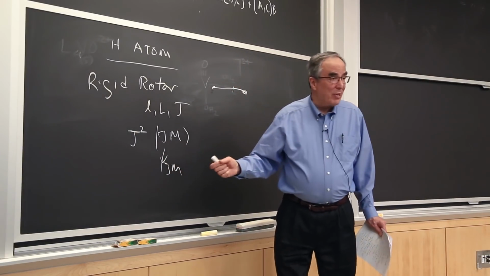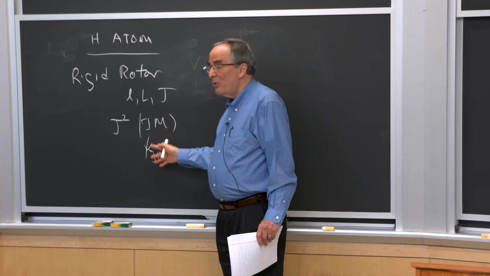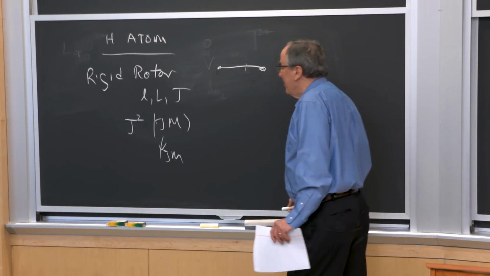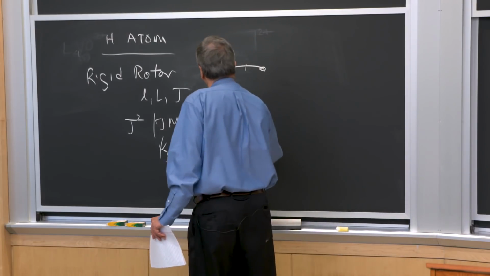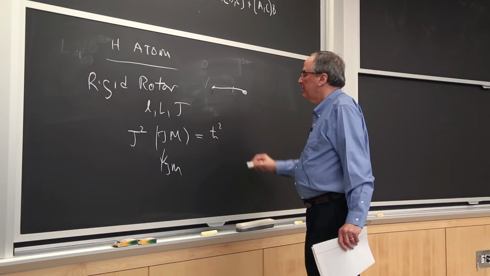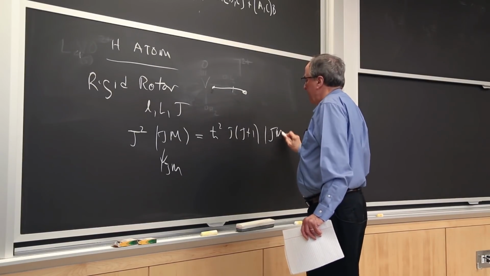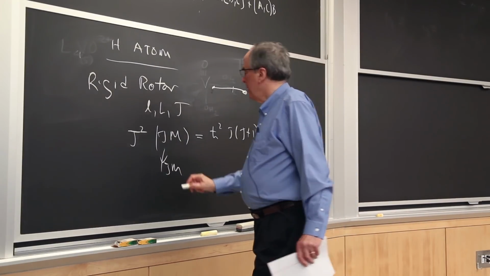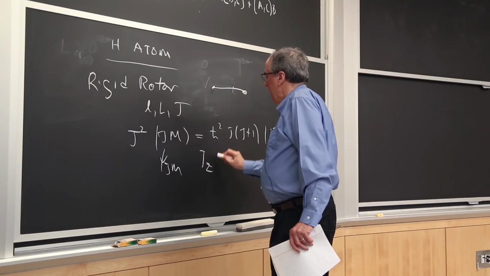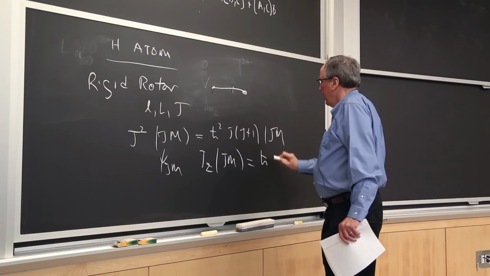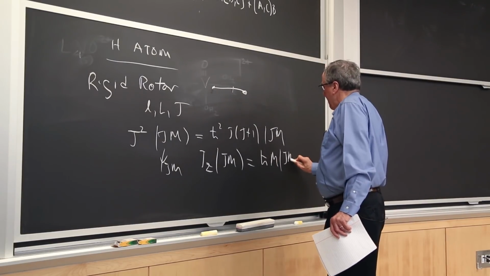It's the same general idea. These are not quite equivalent things, but you get h bar squared J(J+1) times |J m>. And we have Jz operating on |J m>. You get h bar m |J m>.